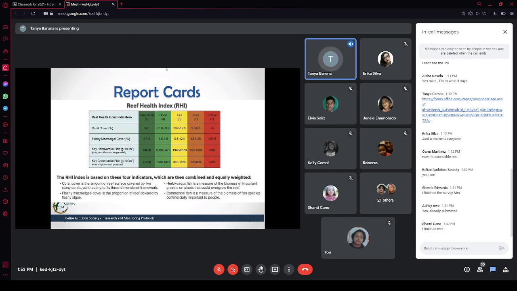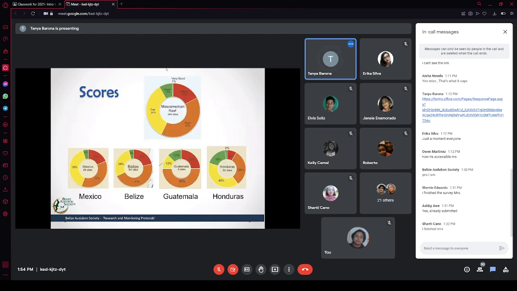Outputs that we gather from the data that we could collect include producing a reef report card, which is a summary of the entire Mesoamerican reef system. Essentially what occurs is that the methodology that we use at Lighthouse Reef is then replicated in different areas across Belize, and also Mexico, Honduras, and Guatemala, to be able to produce a report card.